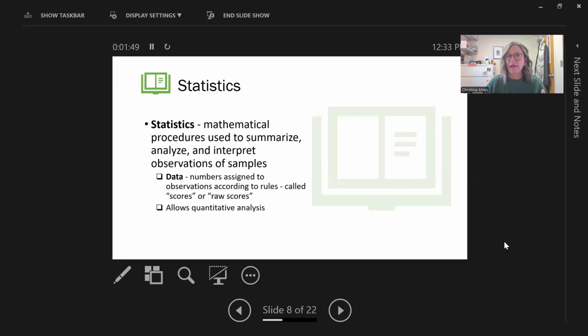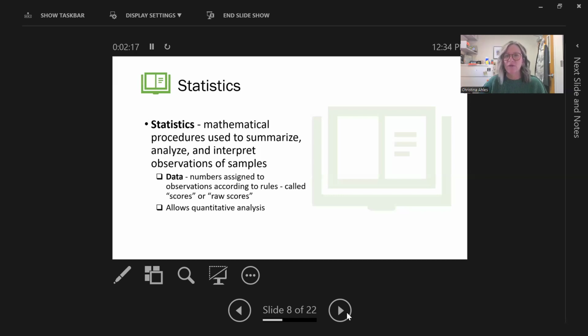And once I get one number for one observation, that is a raw score. But then I start combining multiple observations, multiple scores, and that is usually what we consider a data set. And it allows us to interpret those results using a quantitative method, meaning we can apply a number value to that to make sense of things.